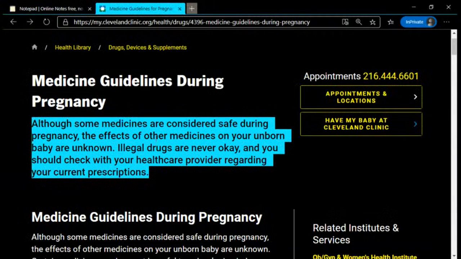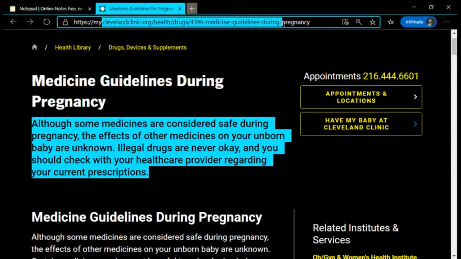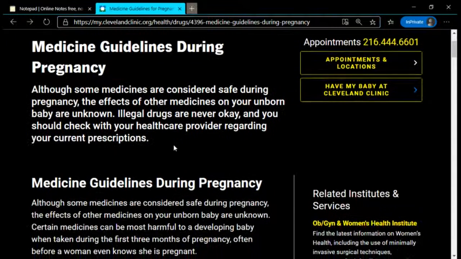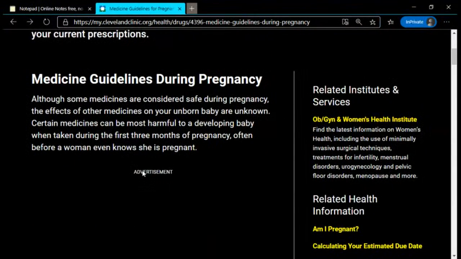Let's move on in this. Cleveland Clinic, which is a very important clinic in the world, giving guidelines for medicines during pregnancy.